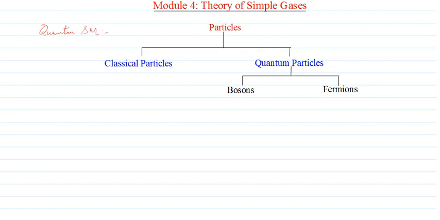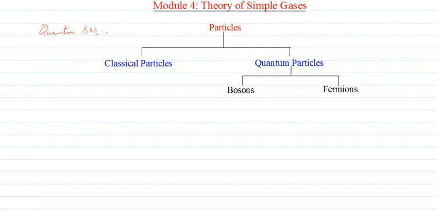Okay, and for convenience of studying the behavior of these three particle categories, we consider a system of non-interacting gas as the example on which we are going to develop the three different statistical distributions, namely the classical distribution known as the Maxwell-Boltzmann distribution, and the two quantum distributions, the Bose-Einstein distribution and the Fermi-Dirac distribution.